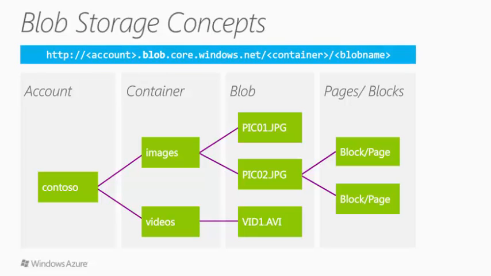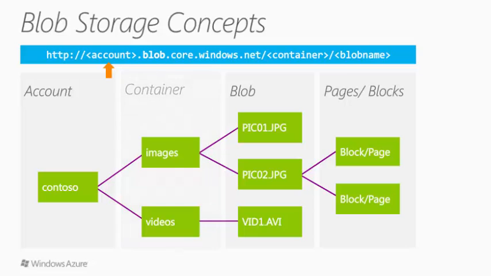And of course, you can easily access each blob, if you have the required permissions, using this simple URL. You have your account name here, and then you have a regular domain name like blob.core.windows.net.